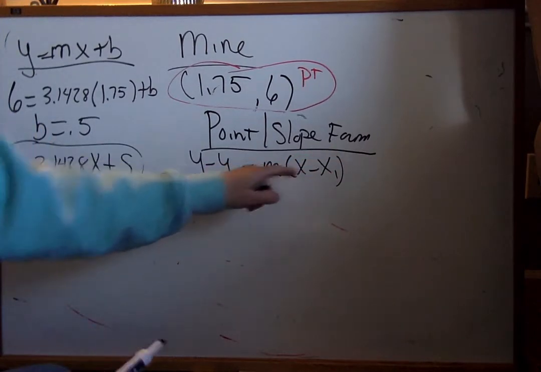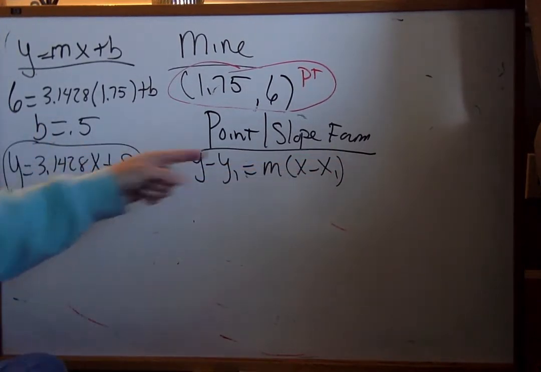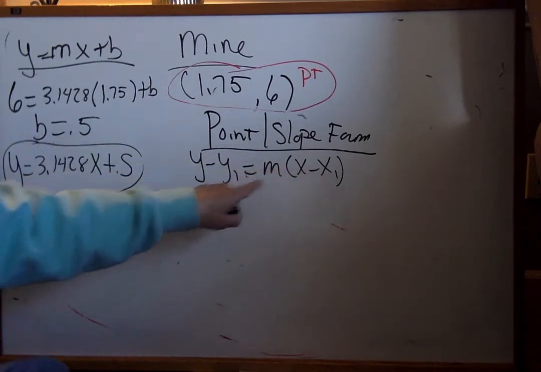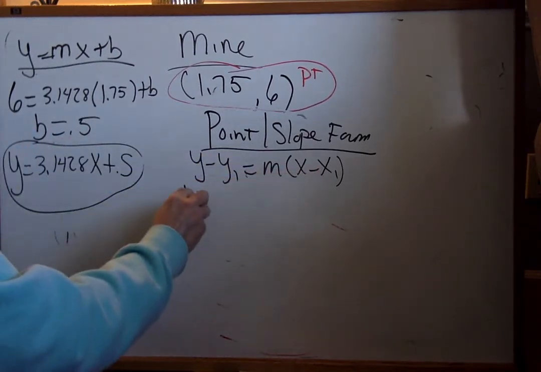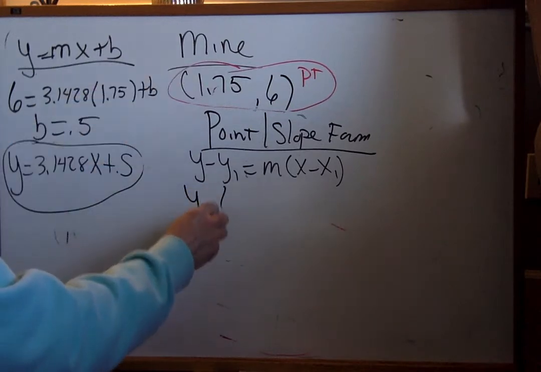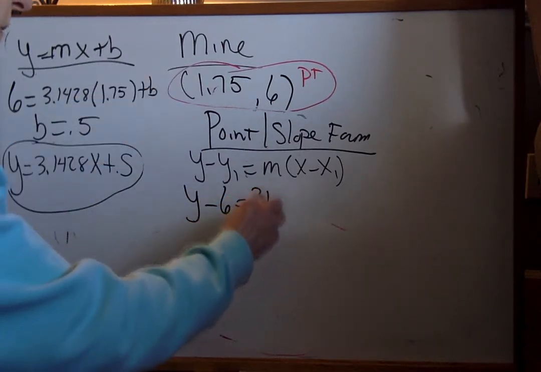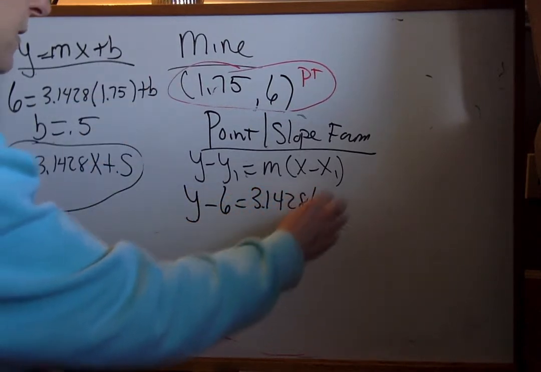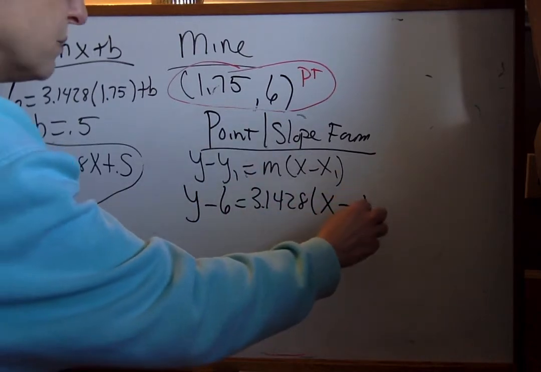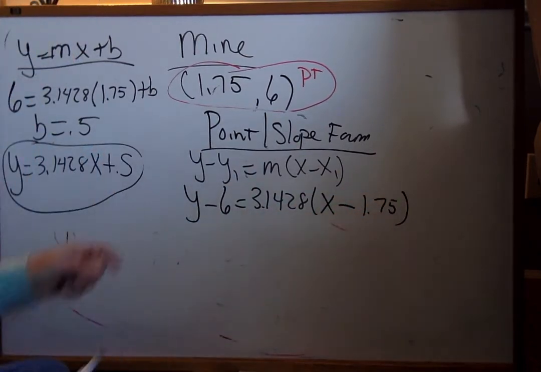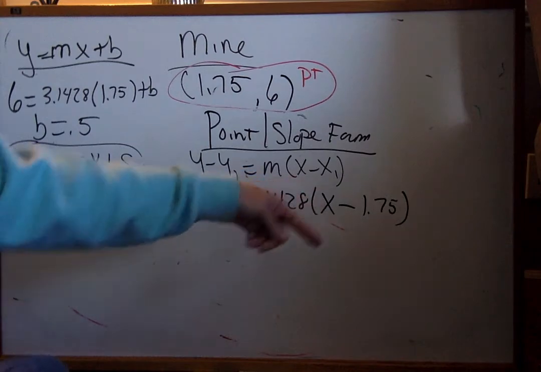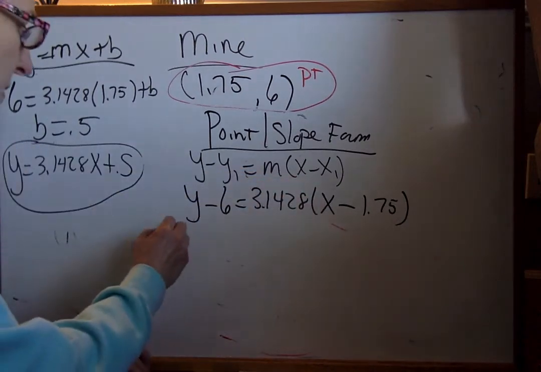So my y and my x are going to stay as y and x. The point I'm plugging in is the x1, y1. So minus my 6 equals slope times x minus 1.75. So now you just have to work it out, distribute parentheses.